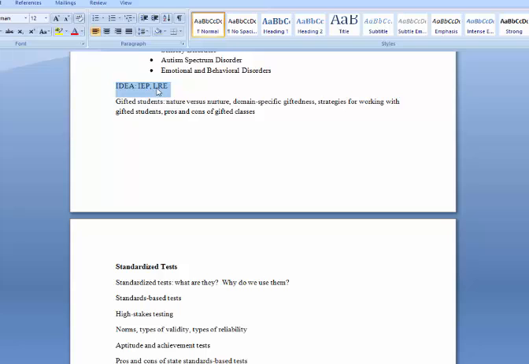Part of that plan would probably have to do with the environment in which the student is going to be educated. A least restrictive environment refers to the idea that if a student can be successful in, for example, a regular classroom setting, that's where they should be, that we should only impose restrictions on the student's setting that are helpful to the student and not for any other reason.